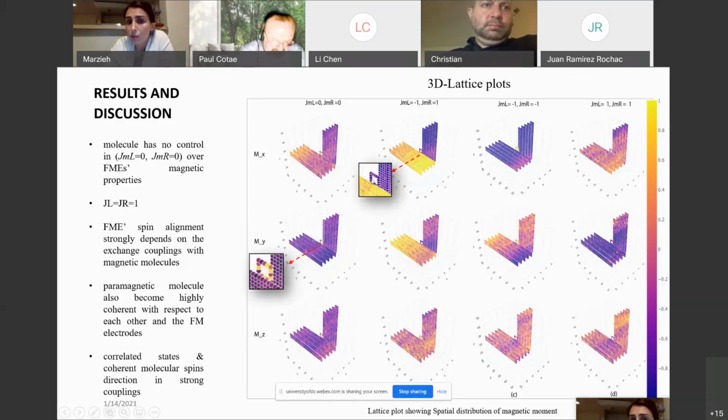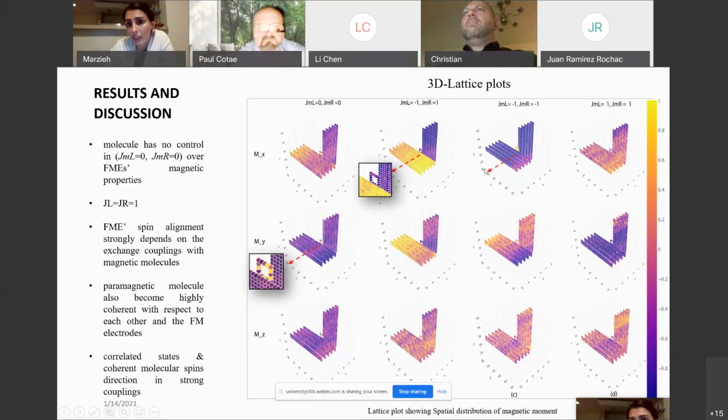The molecule has ferromagnetic coupling, or the same color, with respect to one electrode and antiferromagnetic coupling with the other electrode. So not only do the molecules force the electrodes to take a special spin orientation, the molecules themselves also have the spin orientation very coherently, and the correlation between them is very strong.